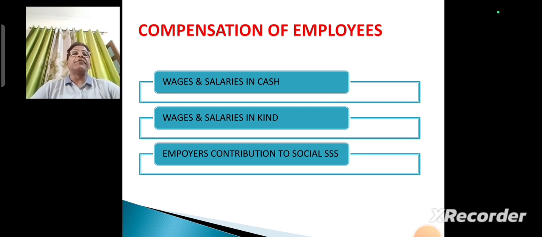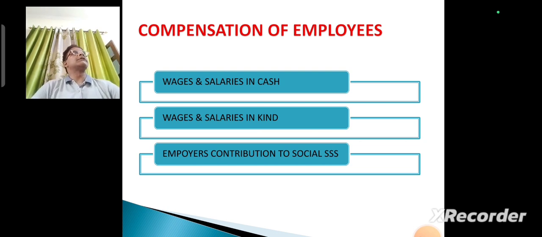So for that rent-free accommodation, the value of the rent which the employee otherwise had to pay in the open market has to be counted. Sometimes an interest-free loan is given to the employees by the employer, so the imputed interest also has to be counted. It can be a vehicle for personal use, or a recreation or holidaying facility.